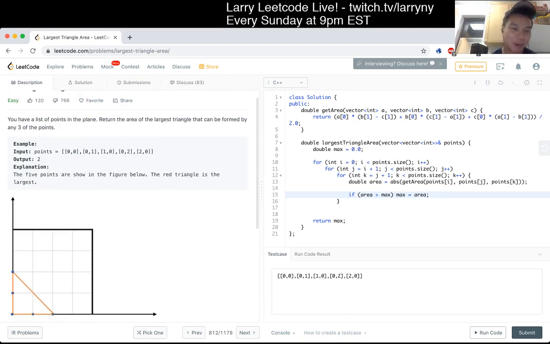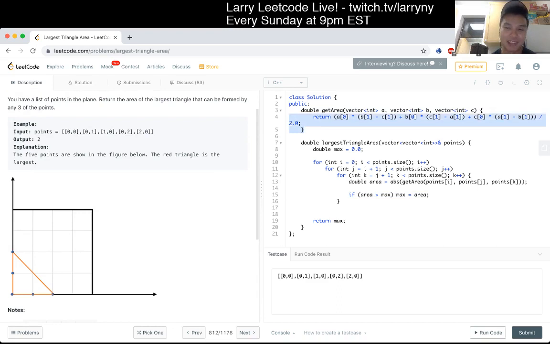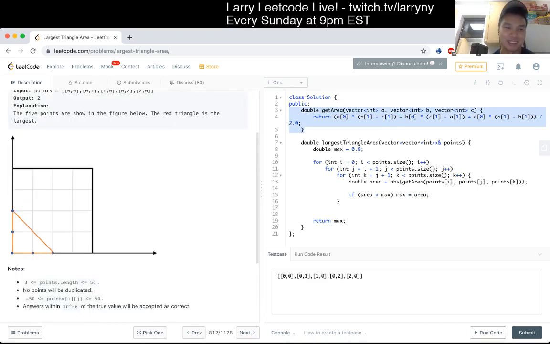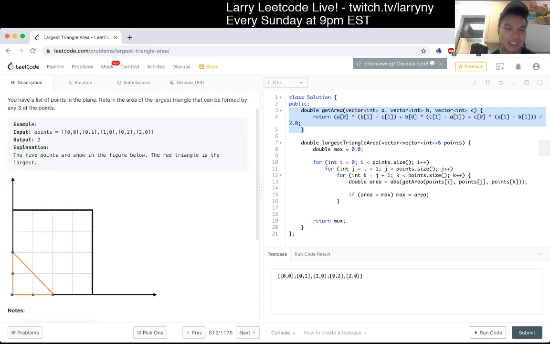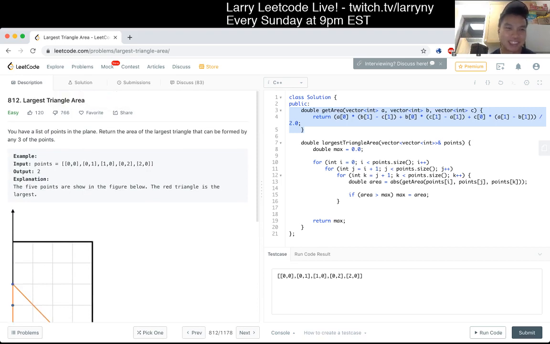The hardest part of this problem is just knowing the formula of a triangle, which is not something I would consider fair. As an interviewer, what does that tell me about an engineer, whether they know the area of a triangle or not? Maybe there's some crazy meta game, like maybe you should know to ask if you can Google. But it's a fun problem and maybe a good setup problem for something like largest triangle area two.